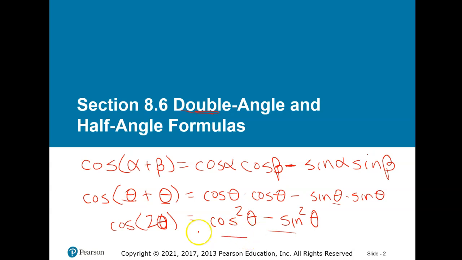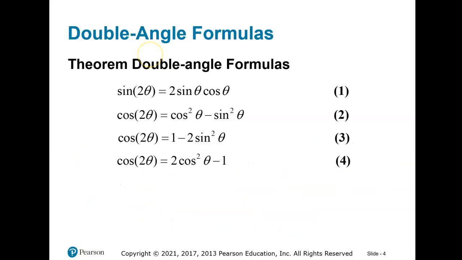And these formulas that we're going to see come straight from the sum or difference formulas for sine, cosine, tangent, all those different things that we saw in the previous set of notes. So there are those double angles. We have just the one for the sine of the double angle, 2 sine theta cosine theta. But for cosine we have three different forms, depending on which one is the most convenient for the application that we're using it for.